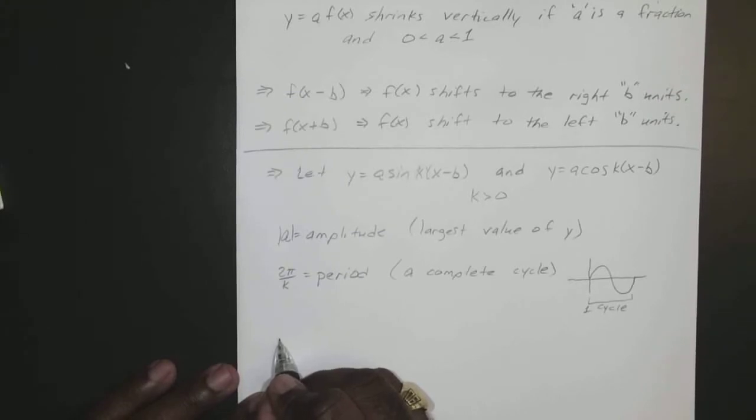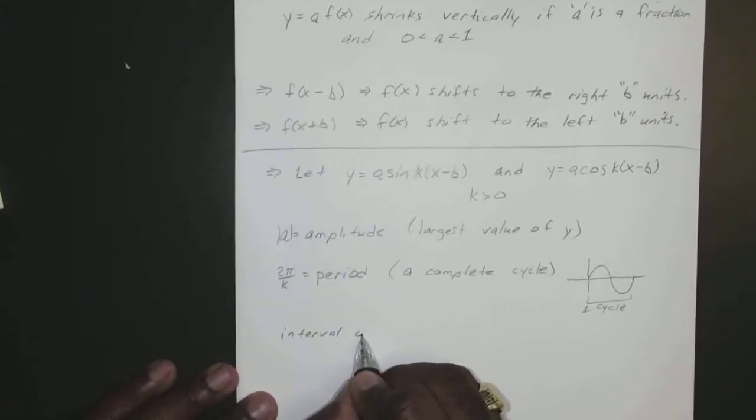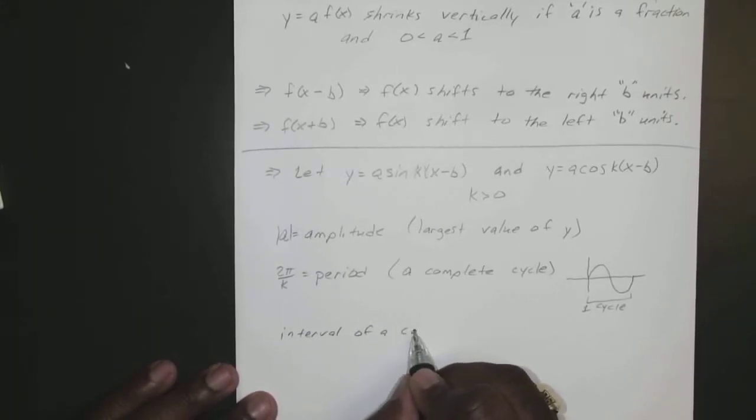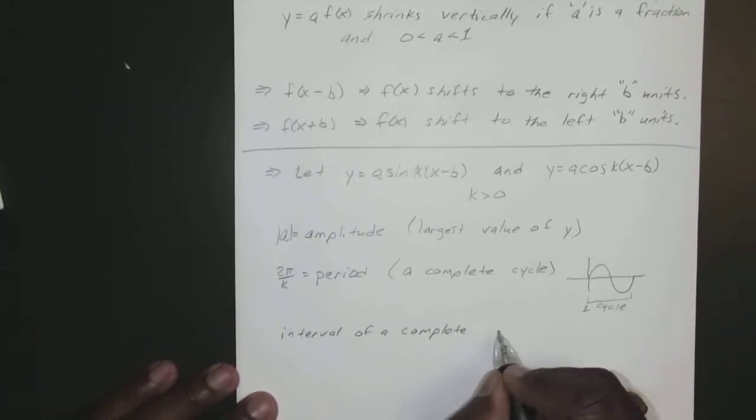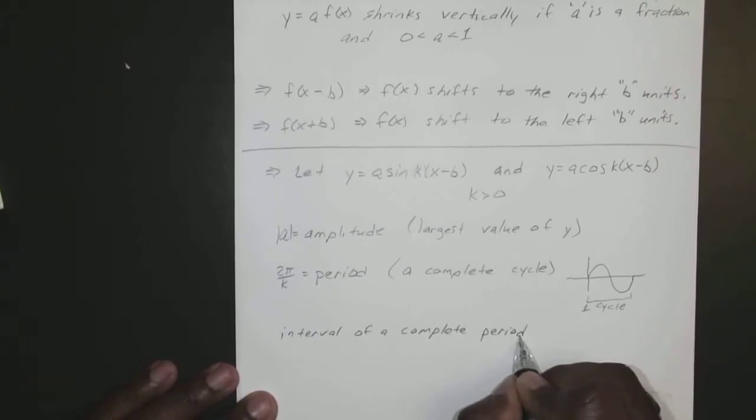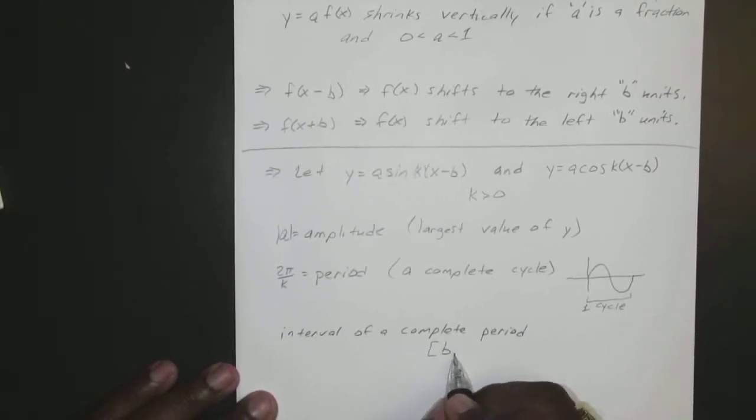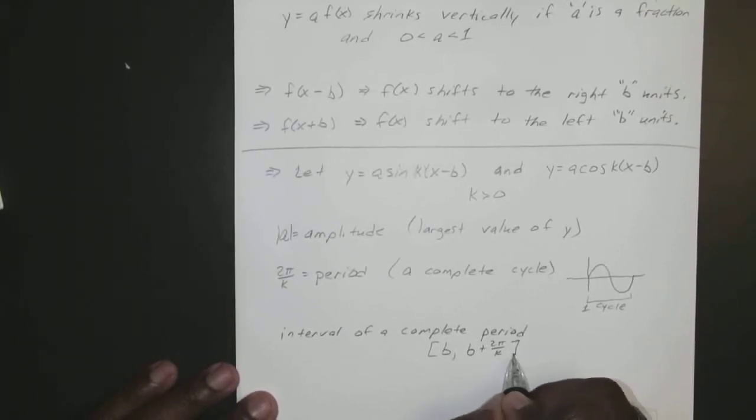Now an interval of a complete period is actually b plus 2 pi over k.